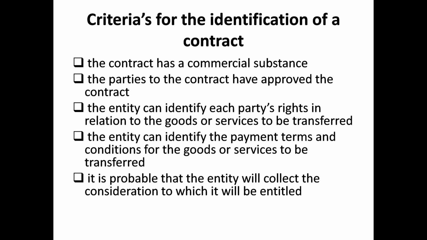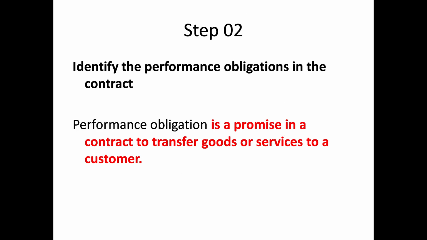Now we are going to study step 2. Step 2. Identify the performance obligations in the contract. What do you mean by a performance obligation? It is a promise in a contract to transfer goods or services to a customer.